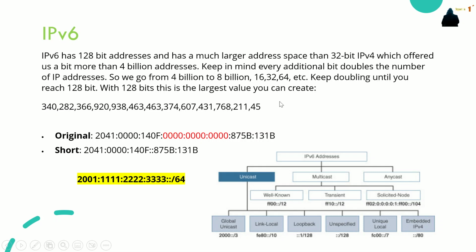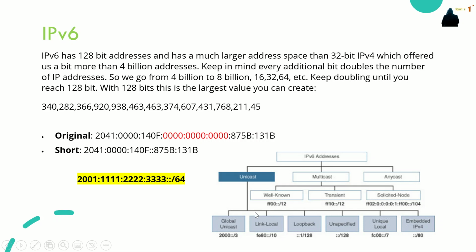There are so many. We have different forms for IP version 6: unicast, multicast, anycast, and in unicast you also have global unicast like this one, starting with 2000::/3. This is also the prefix length for IP version 6.